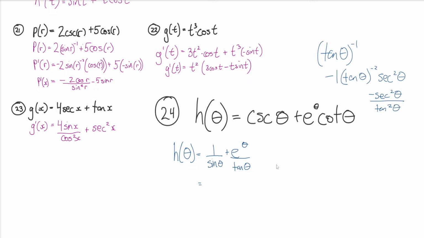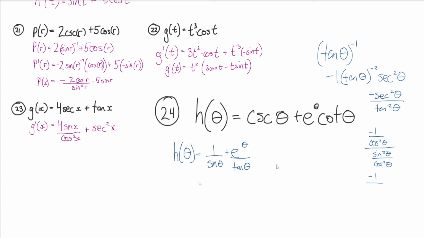And what is secant squared theta? Secant is 1 over cosine, so negative 1 over cos squared theta over sine squared theta over cos squared theta. And if you notice, both are over cos squared theta.